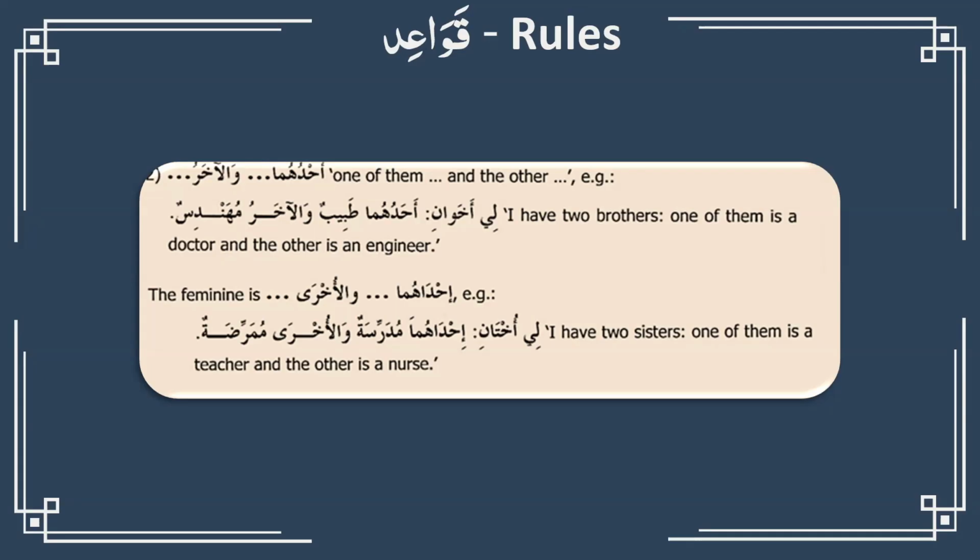And wal akhar means and the other; in the feminine, the same word will be wal ukhra. Li ukhtani ihdahuma mudarrisatun wal ukhra mumarrida. I have 2 sisters. One of them is a teacher, and the other one is a nurse. So these are very simple rules that we are going to go through today, inshallah.